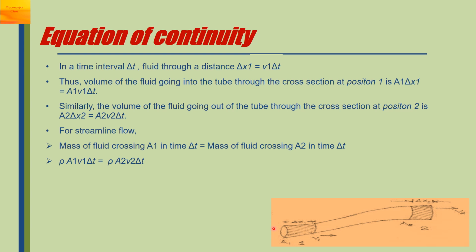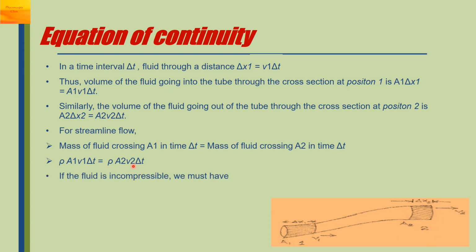So we can write down in terms of mass, it will be the density into the volume. Density we are denoting as rho. So density into the volume of the fluid passing through the cross-sectional area at position 1, rho into A1 into V1 into delta t, that is equal to the mass at position 2, that will be rho into A2 into V2 into delta t.